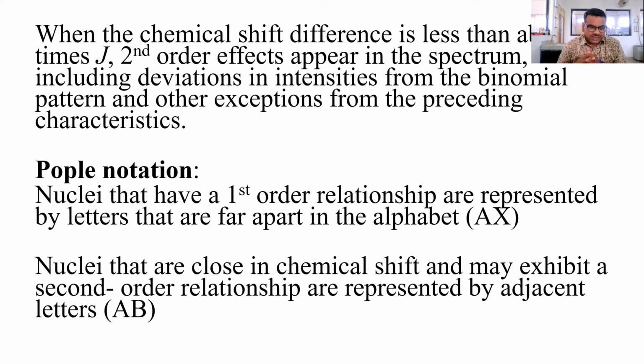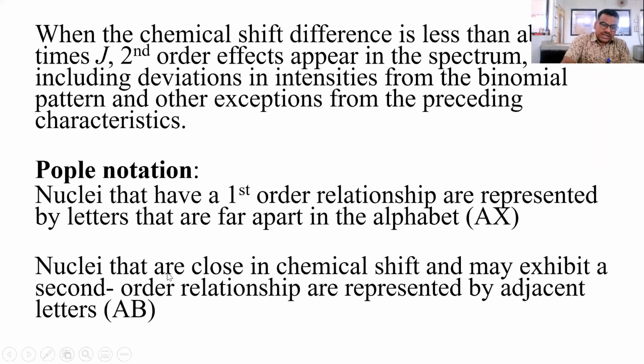Generally in first order spectra we write AB for neighboring carbon atoms, but in this case we write AX. Remember here, the first carbon atom has the letter A and the last carbon atom has the letter X. What about B, C, D and other letters? They are in between A and X. Even so, this is also called a first order spectrum.